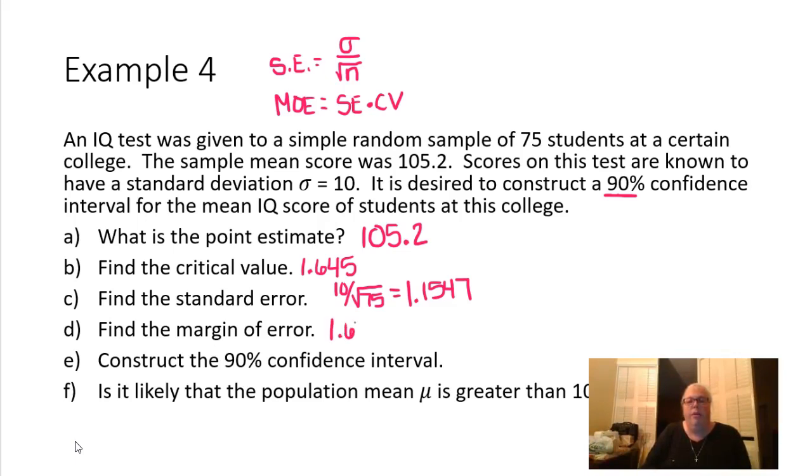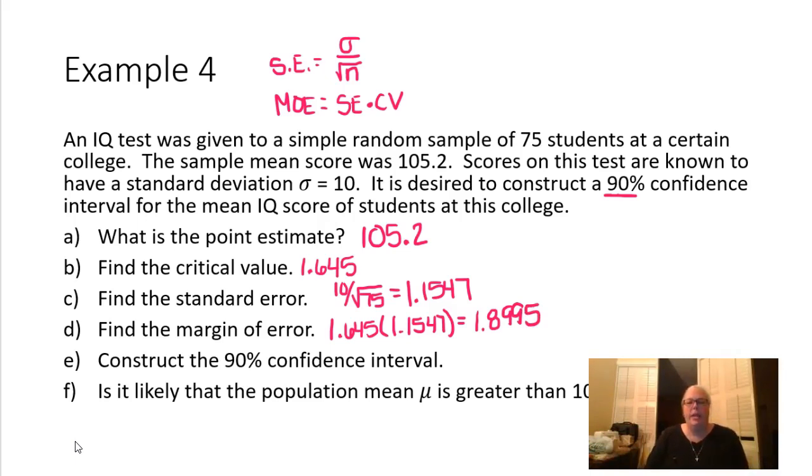The margin of error is going to be 1.645 times 1.1547. We'll multiply those together. And this is going to give me 1.8995.